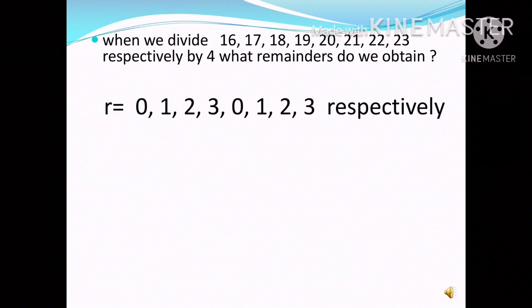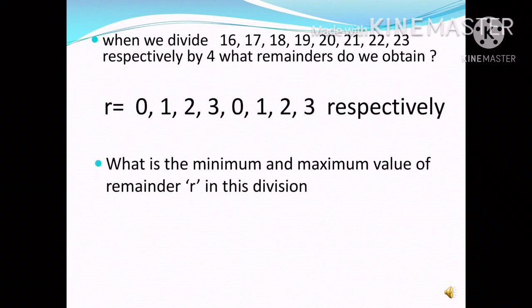On dividing 17 by 4, we obtain remainder 1. On dividing 18 by 4, we obtain remainder 2. Then on dividing 19 by 4, we obtain the remainder 3. But on dividing 20 by 4, the remainder becomes 0, and thereafter the remainder repeats itself.